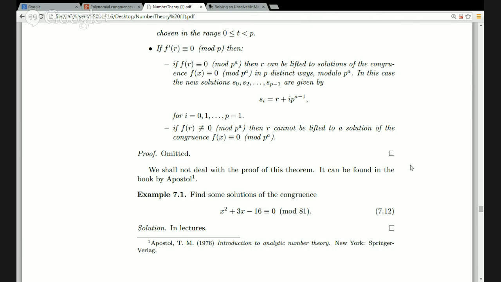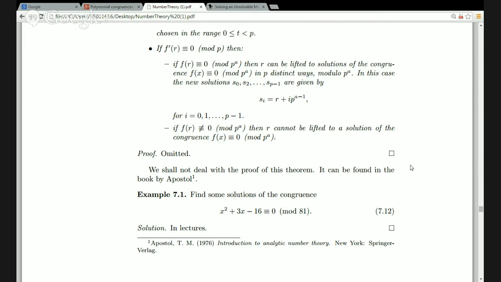This original solution, which was r equals 1 down the bottom, has lifted uniquely both times. So we can finally lift now to 81. So for the last lift, we let r equals 7 now, and a now is 4. So we're going to lift to 3 to the power 4, which is 81.